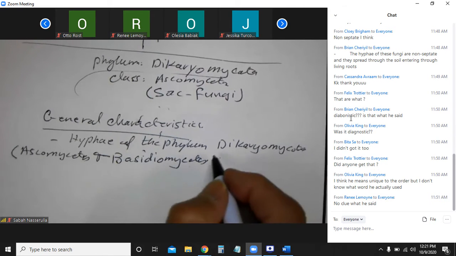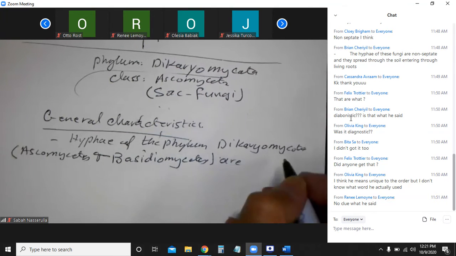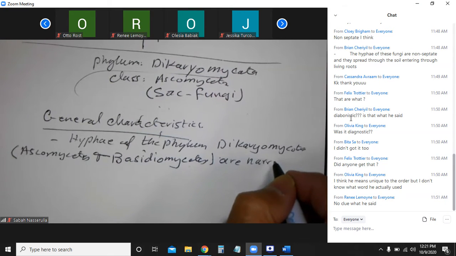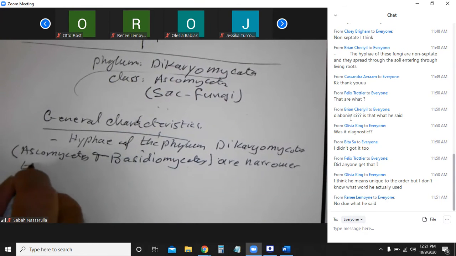The hyphae are narrower than those of zygomycetes.